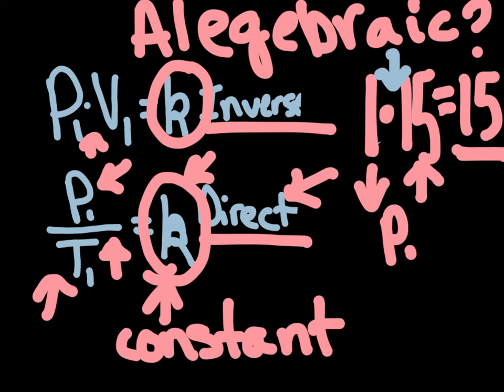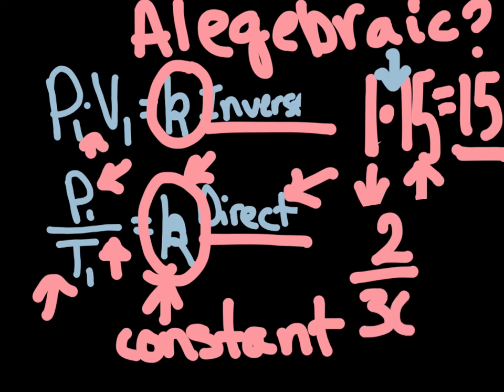Now the opposite works for a direct relationship. As one goes down, the other must also go down. So if my temperature is originally, let's say, 2 divided by 30 equals 15.